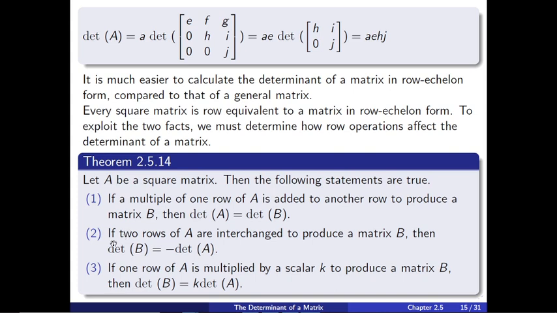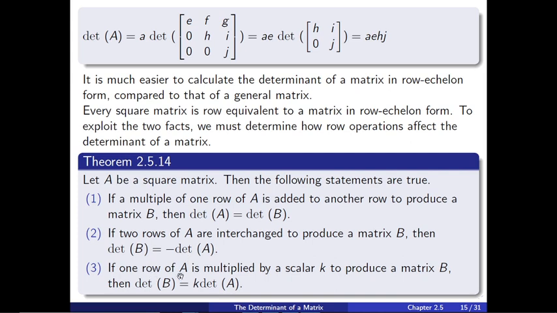Now the second one says if two rows of A are interchanged to produce a matrix B, then the determinant of B will be equal to minus the determinant of A. Right, so this is our Ri interchange with Rj, and we see that the determinant of the new matrix is minus the determinant of our original matrix.